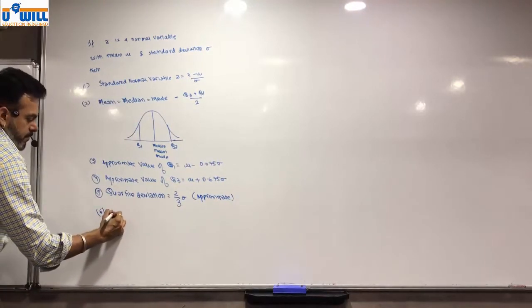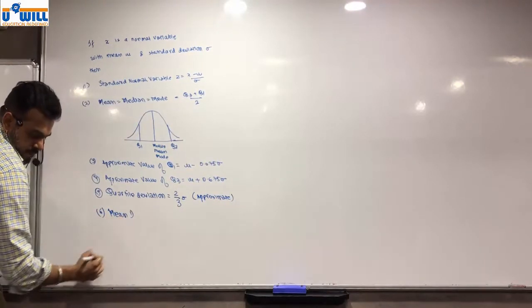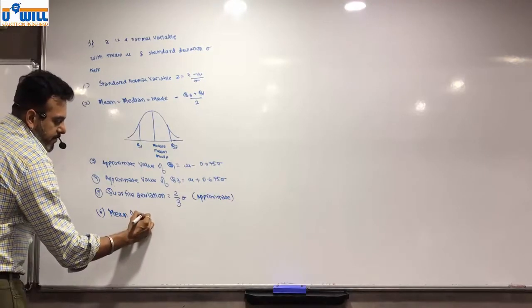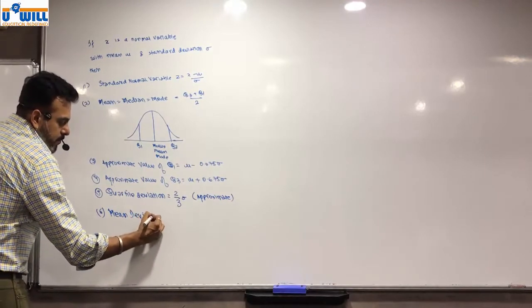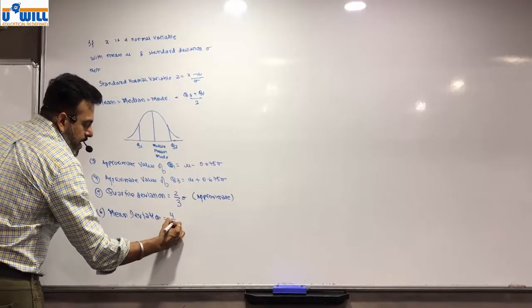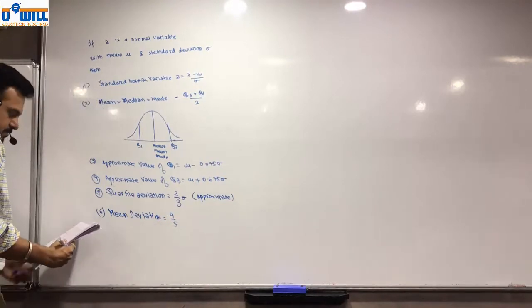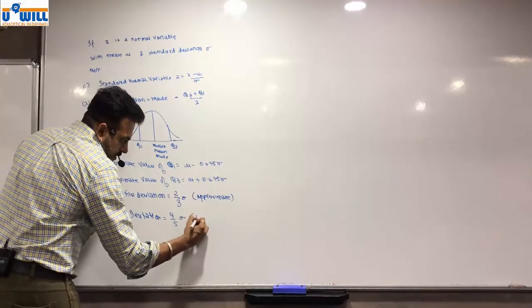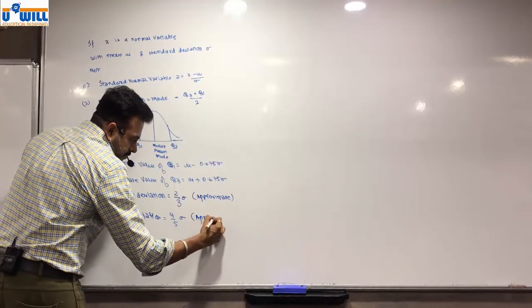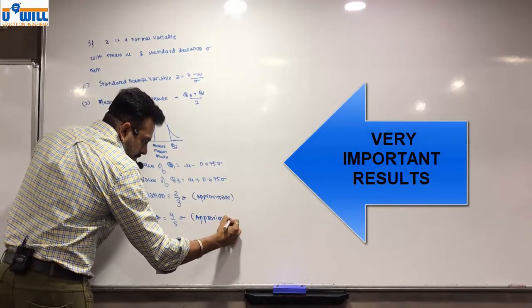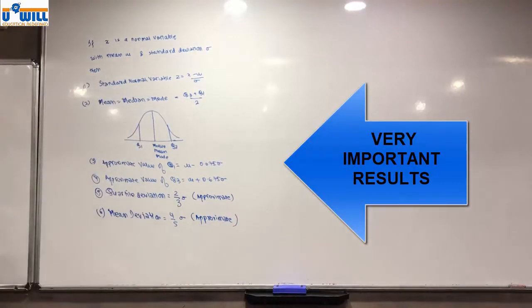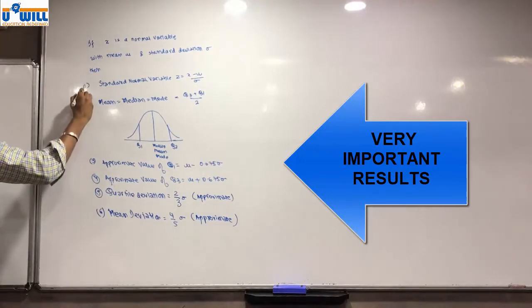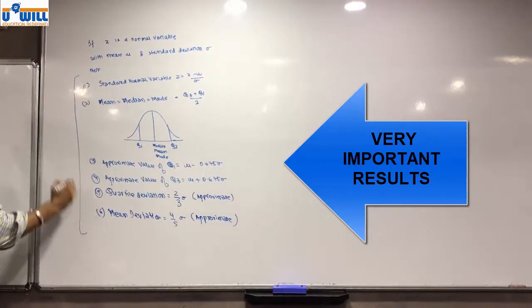Sixth, mean deviation is equal to 4 by 5 sigma, approximate. You have to learn this. Very important.